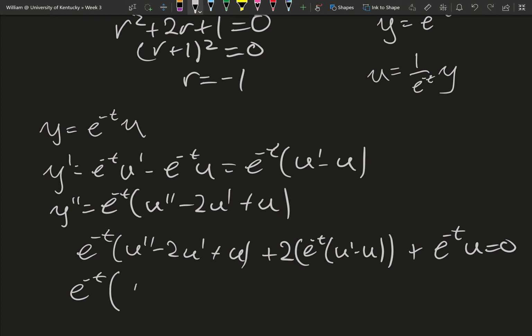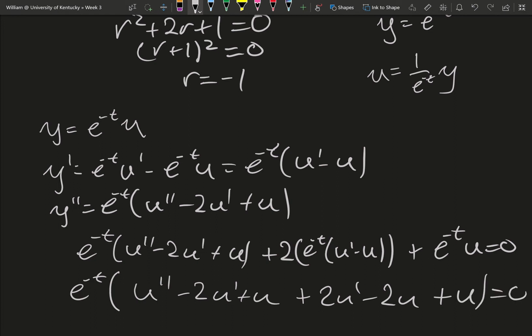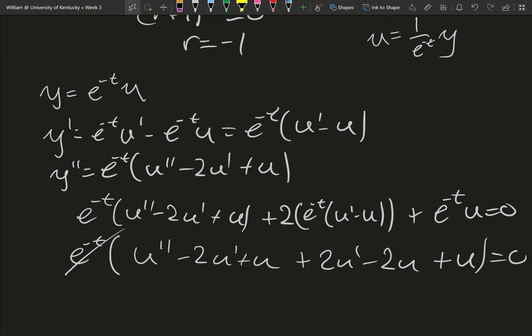Again, we'll pull that out. u double prime minus 2u prime plus u plus 2u prime minus 2u plus u. We can get rid of that again because that's never going to be 0.